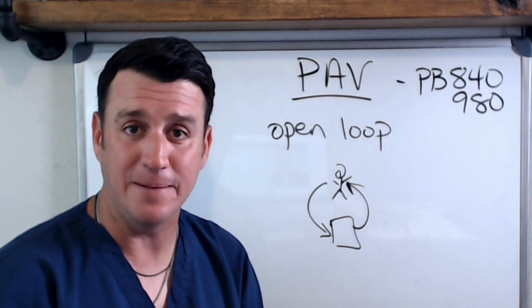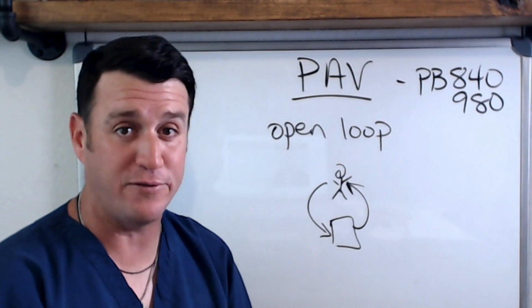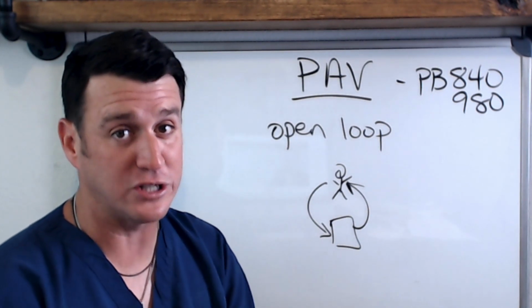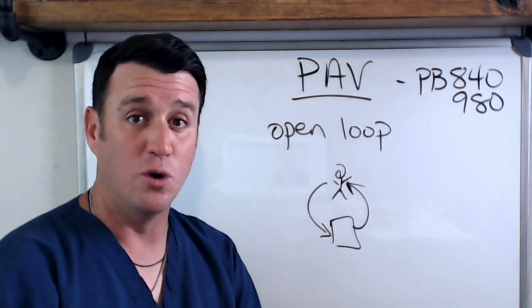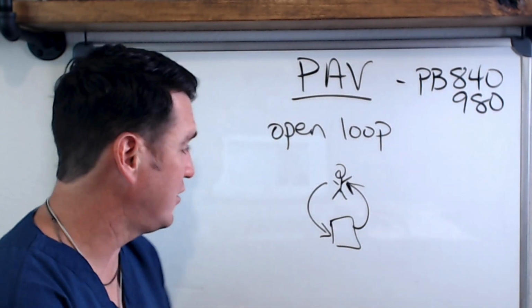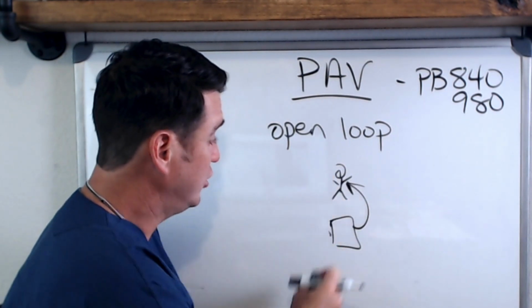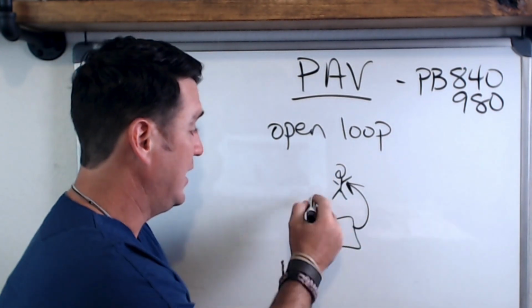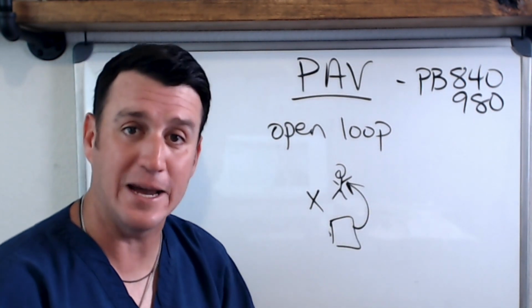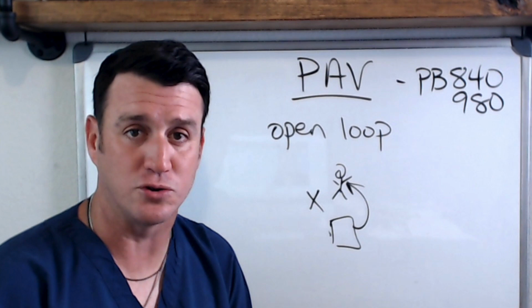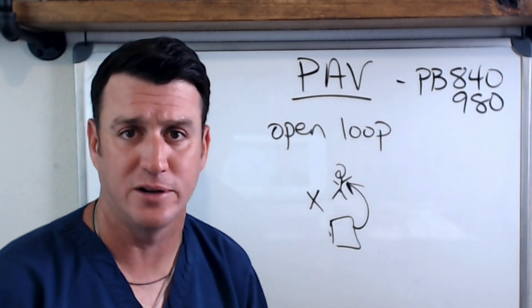Now, typically, if you are comfortable in assist control, SIMV, pressure control, it doesn't really matter, those traditional modes of mechanical ventilation, then you know that the vent is told to do something and it does it, but it doesn't care what happens at the patient's side. So for example, if you're in assist control, volume control with a tidal volume of say 500, okay?